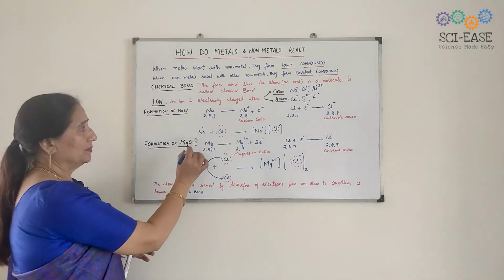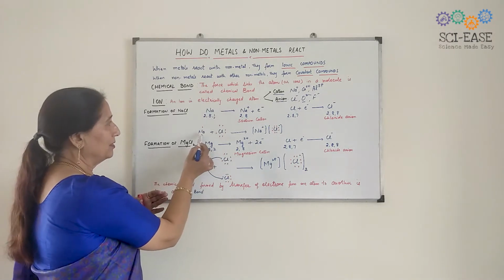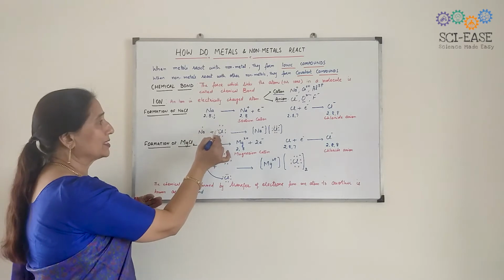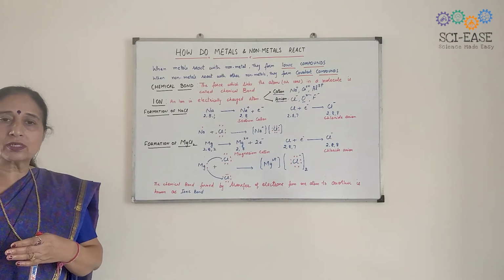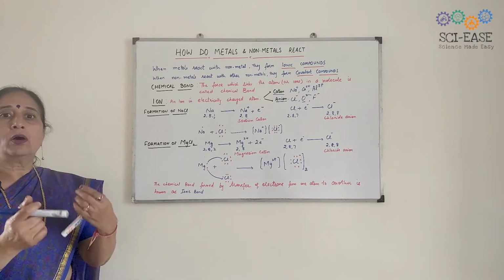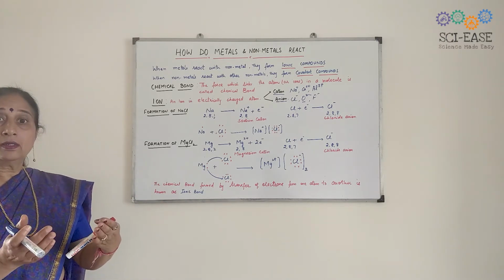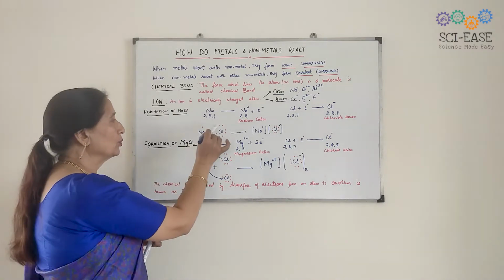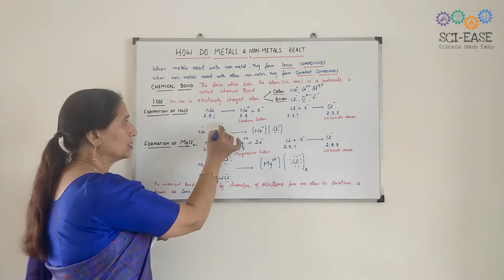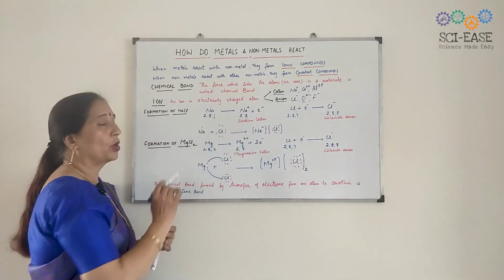Now, this is the electron dot structure. Sometimes it is asked, write the electron dot structure of sodium or chlorine. So this is an expected question. You should know how to put dots around it. A cross can be put or a dot can be put.